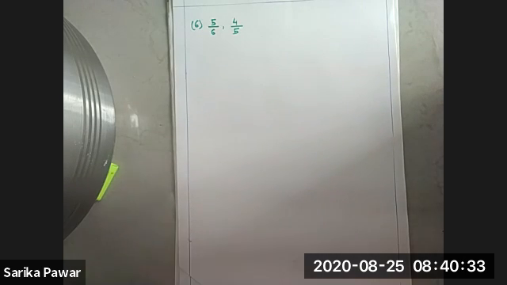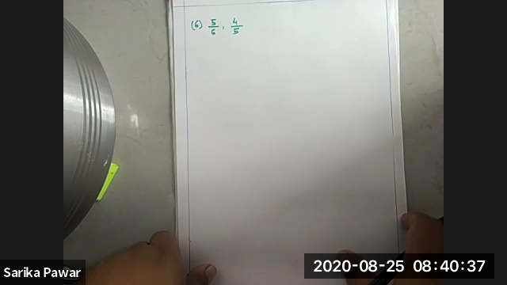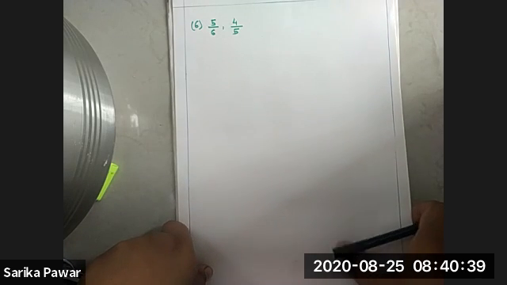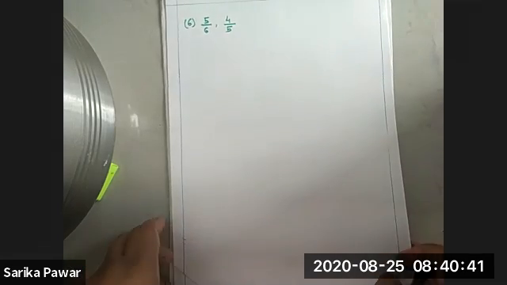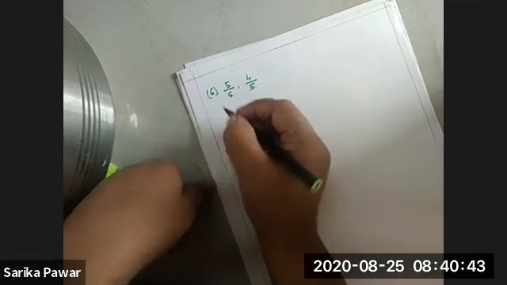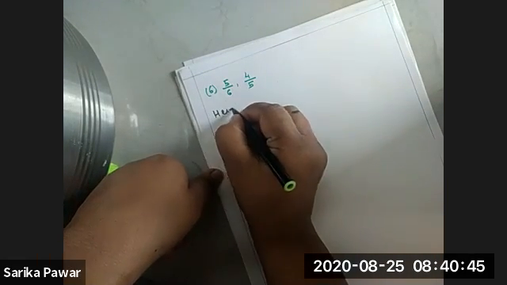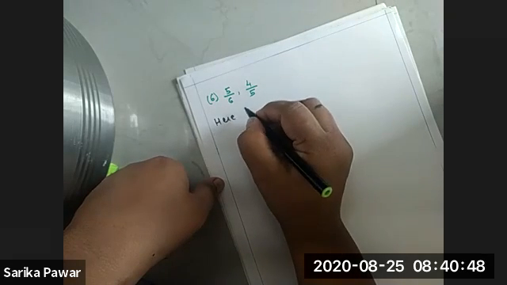See here, the next problem is 6. The sixth one: 5 upon 6, 4 upon 5. In the same way, we have to follow the same steps in each and every problem.